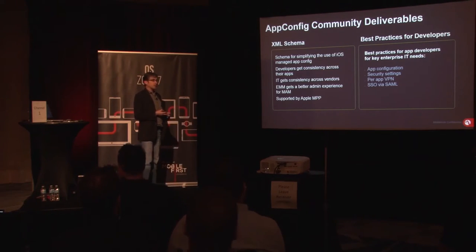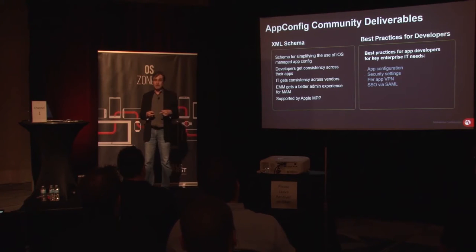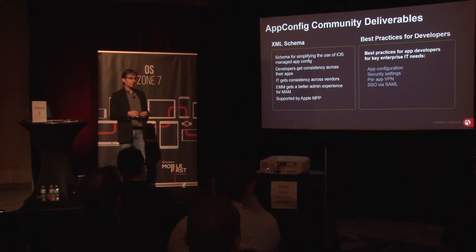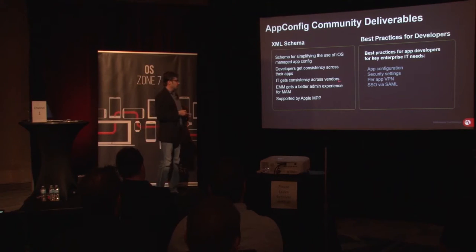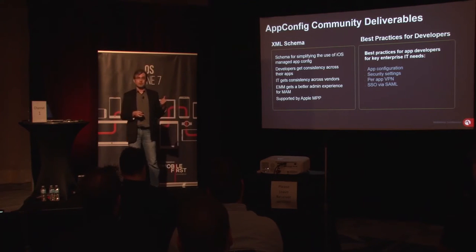Your IT guys in your enterprises get consistency across different EMM vendors and across different EMMs. And then your EMM admins actually get a really nice user experience in configuring applications. Again, we'll see examples. And the most important one is it's supported by Apple's MPP program. So if you're doing MPP, this will be the way to configure your applications through MPP going forward.